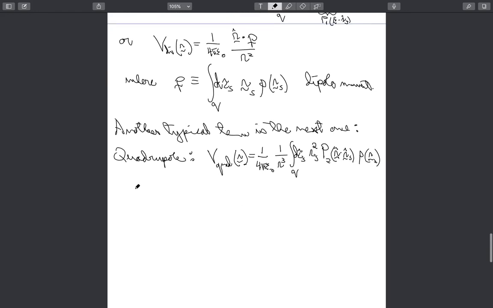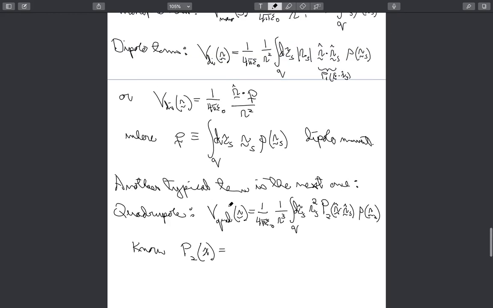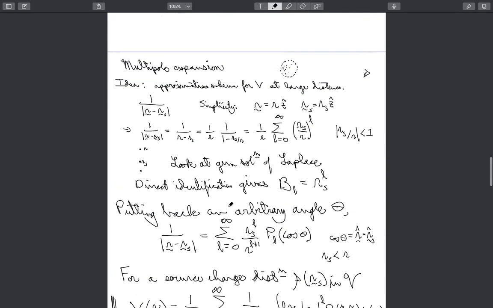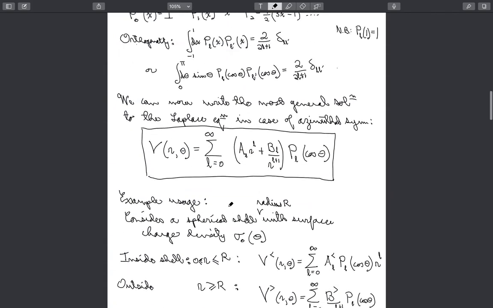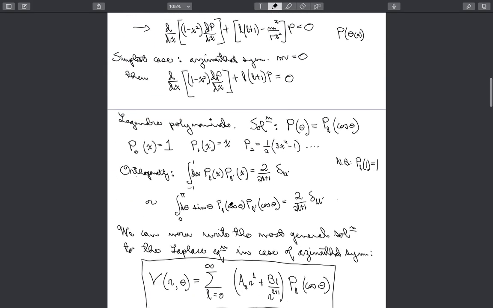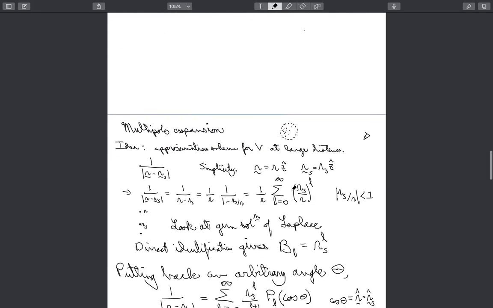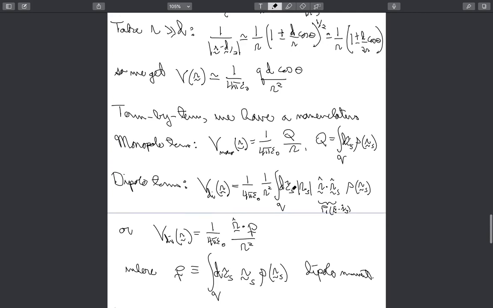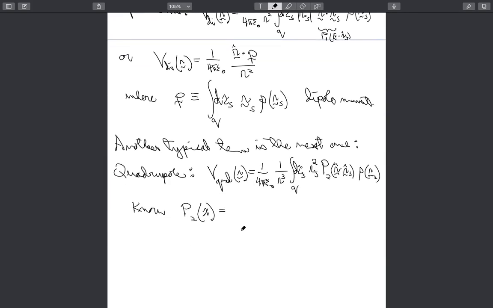Okay, so we know that P2 of x, again, this is something that I wrote. Let me try to find it again for you. So I wrote them at the bottom of the page somewhere. Yeah, here, you see, P2 of x is 1 half with 3x squared minus 1.